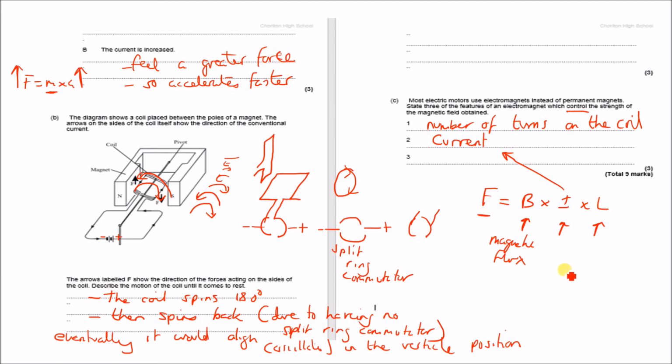Now the length inside, so if this is our coil and we have lots of turns, which we've described, we are increasing the area of the conductor inside. So this could also be the area of conductor inside the field. So how do we do that?